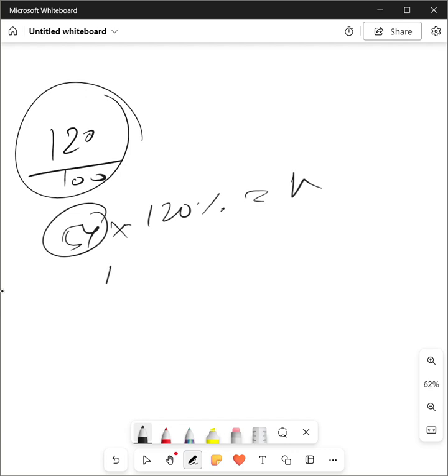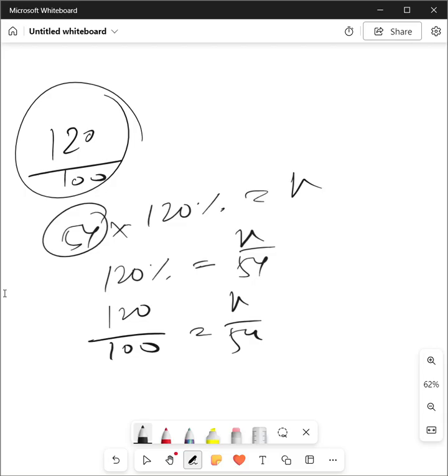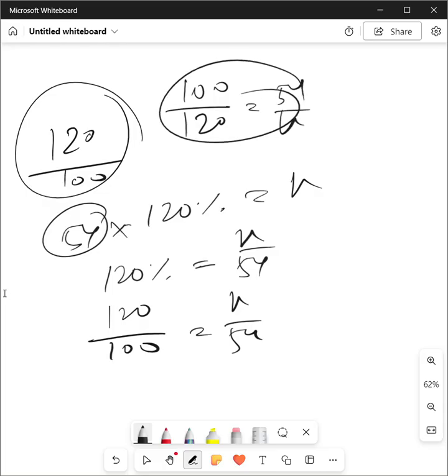That gives us 120% equal to k by 54, so 120 by 100 equals k by 54. Have you seen this kind of thing? This is reversing, like 100 divided by 120 and 54 divided by k. So this is our portion, and that will be the answer. So we have actually solved that whole problem for k, and that is our main target here.